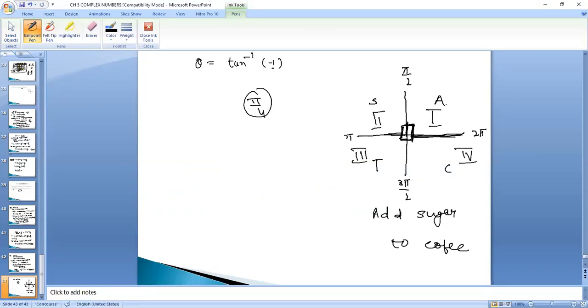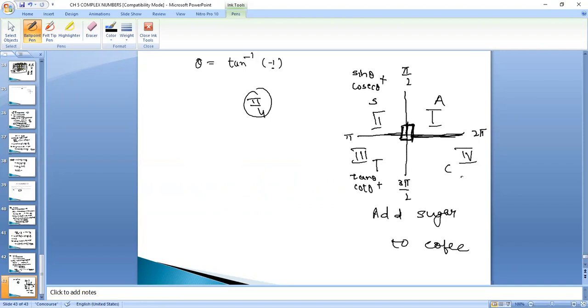So now in the first quadrant, all the angles are positive. In the second quadrant, S means sine, and the reciprocal of sine is cosecant. Only sine theta and cosecant theta are positive, rest all negative. In the third quadrant, tan theta and cot theta, its reciprocal, are positive, rest all negative.